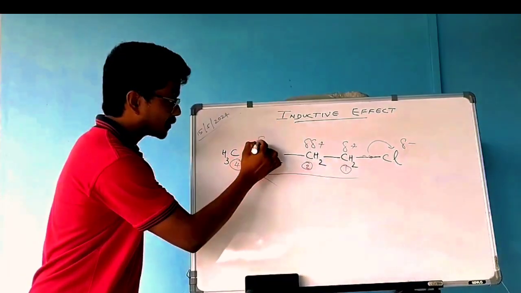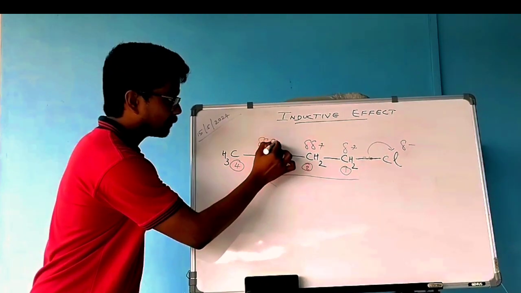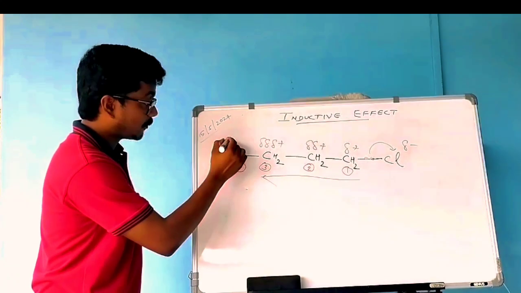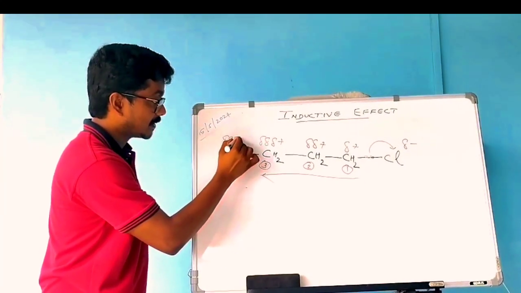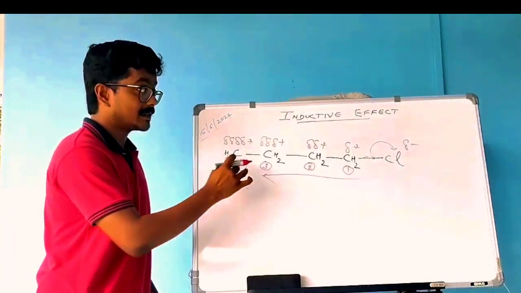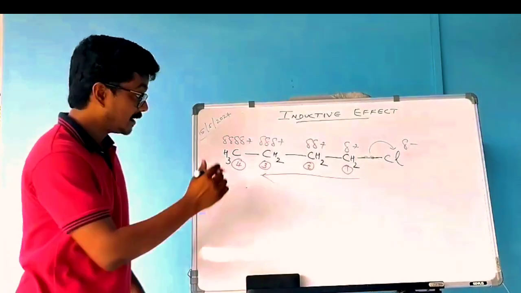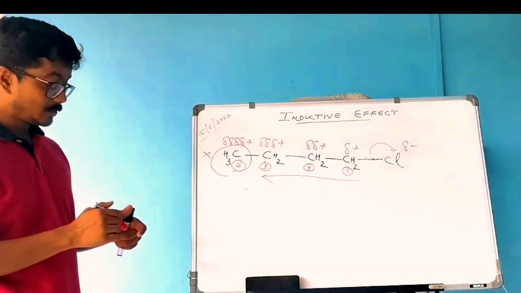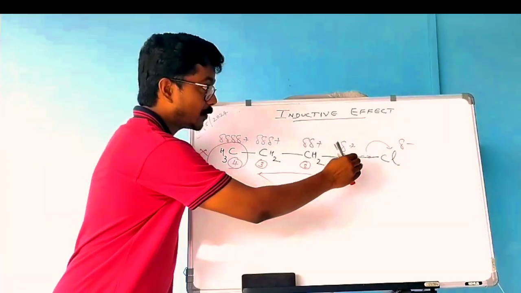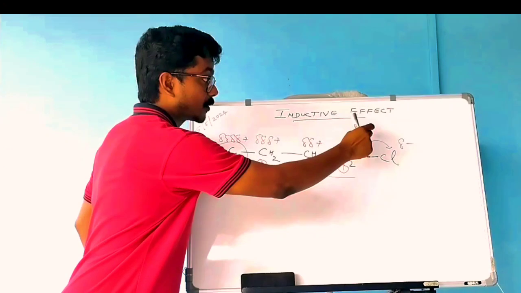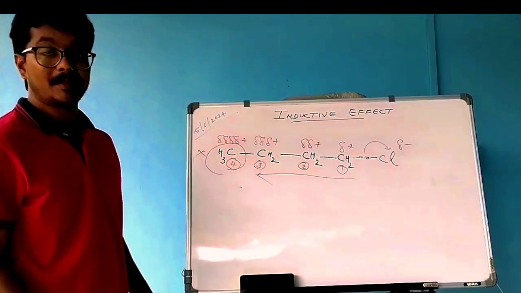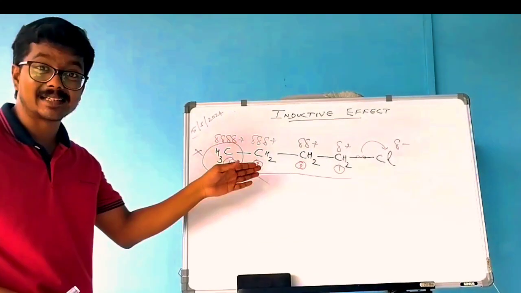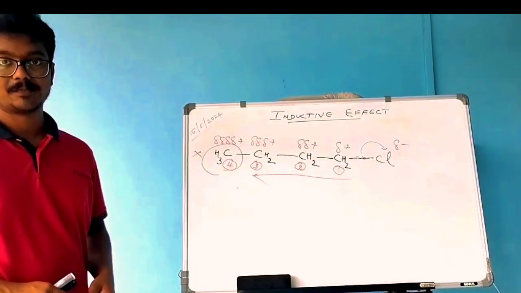And the third carbon also experiences a partial positive charge, very much less than that of the first carbon. And the fourth carbon also experiences very little positive charge when compared to the first carbon. We can consider this as negligible. So, the effect of movement of the shared pair of electrons towards the chlorine atom is extended throughout the chain, but the effect decreases when the distance increases.